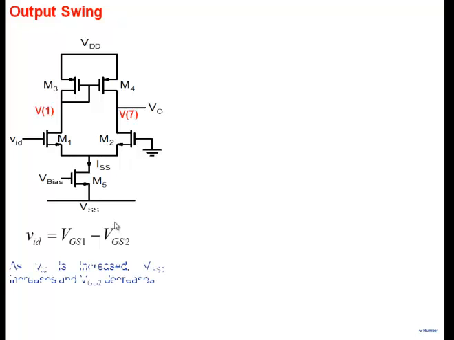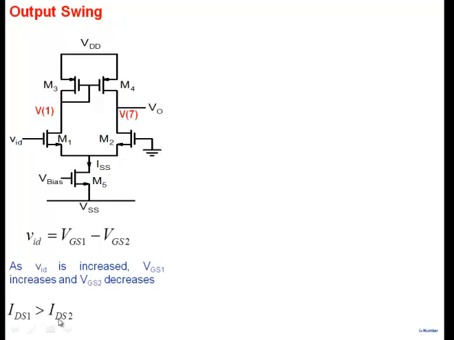Okay. If you increase VID, what happens? If I increase VID, VGS1 will go up and VGS2 will go down, right? That's what happens here. Now, as you increase VGS1, what happens? Current here should increase and current here should decrease, right? That's what you expect.